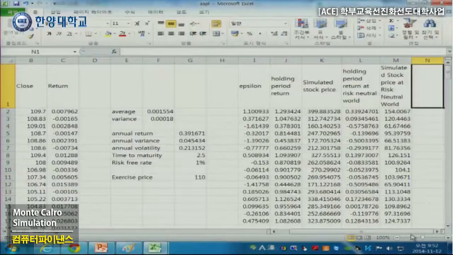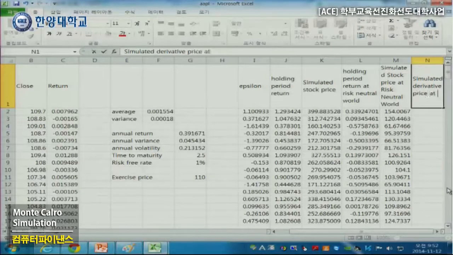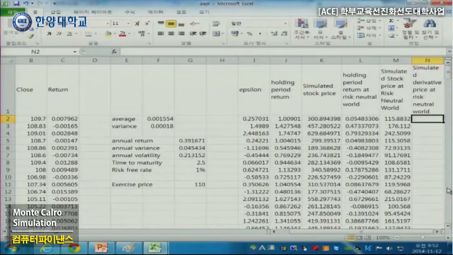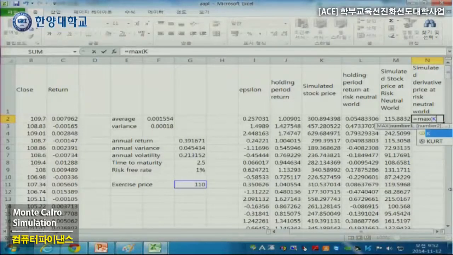Then the simulated derivative price at the risk neutral world, of course, is max of K minus this one, and 0.